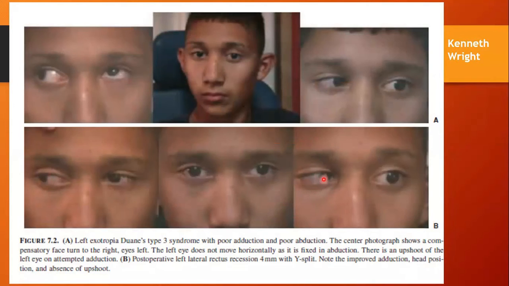The right eye is relatively narrow compared to the primary position. So some examiners may consider it a bilateral case with asymmetric presentation, like marked asymmetry.